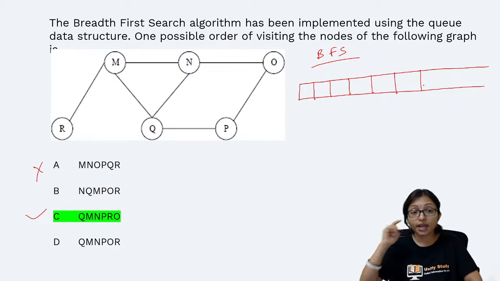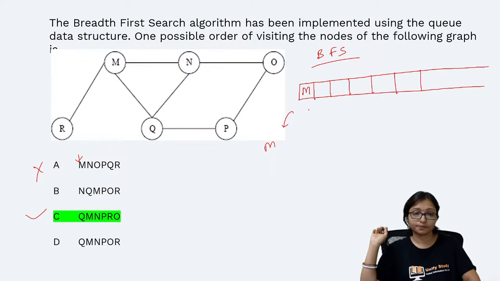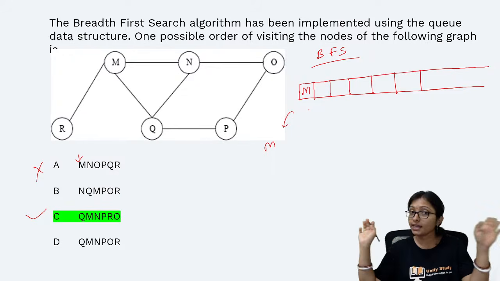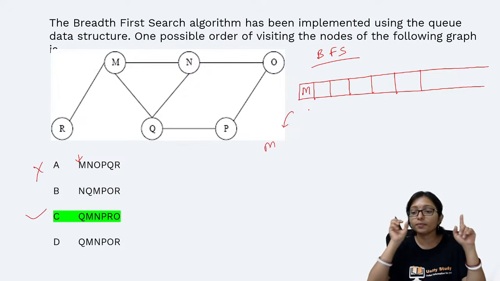See this. Whenever I am doing BFS, I can start anywhere, according to the option. The first option starts with M, so I will start with M only. Whenever you are taking out M, before that you need to insert all the adjacent nodes of M. It can be in any order, but all the adjacent nodes will be there.